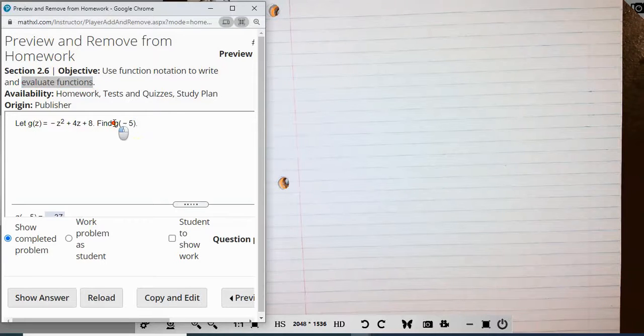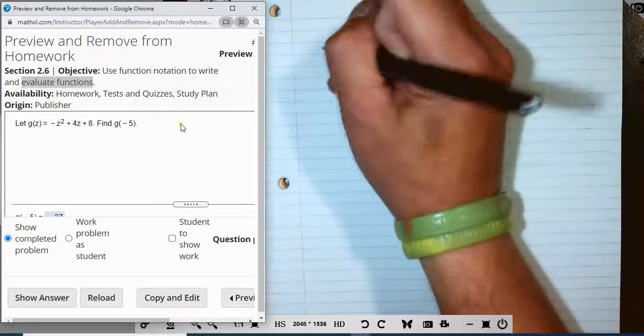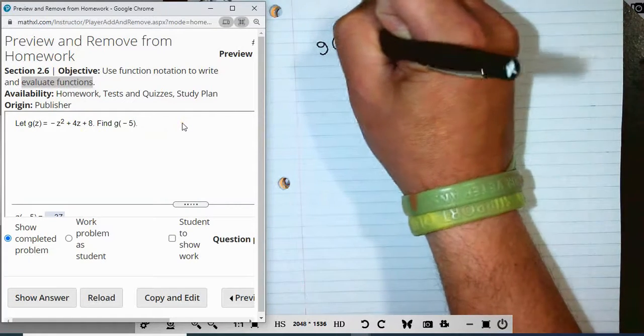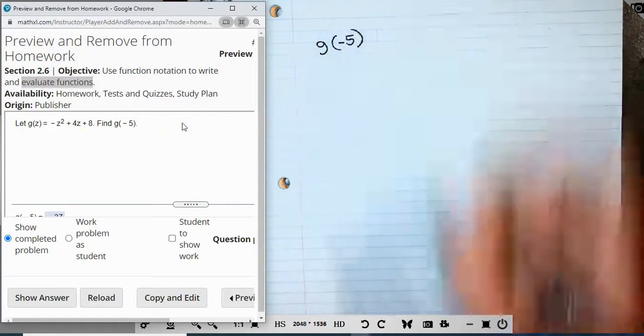And what we want to find is g of -5. Remember, what that means is I just plug in the -5 here and evaluate it. So let's start there.